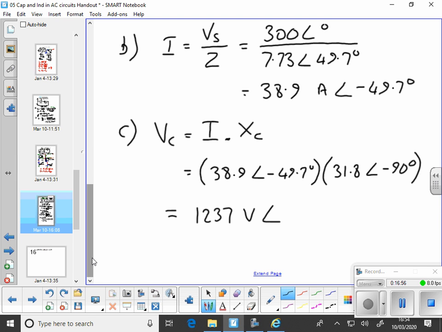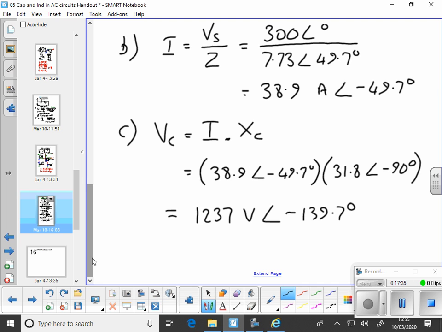Yep. So the voltage across the capacitor, despite you applying 300 volts, is 1,237 volts, angle minus 139. That's that high because it's getting close to the two reactances being equal. The XL and XC are close to equality.